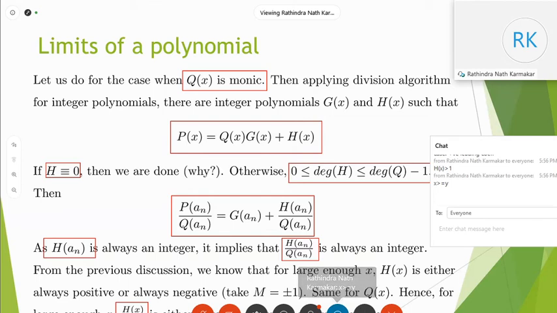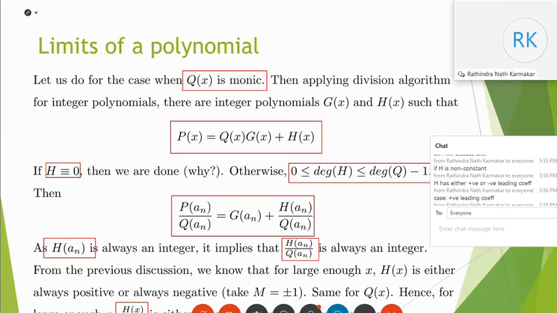That means after that y, h of x will always be positive, because if it is larger than 1, it is larger than 0 also. So h of x is always positive for x greater than or equal to y. Similarly, if we had a negative leading coefficient, then by the previous discussion, h of x can be made smaller than -1 by taking large enough x. That means for large x, h of x will be negative.